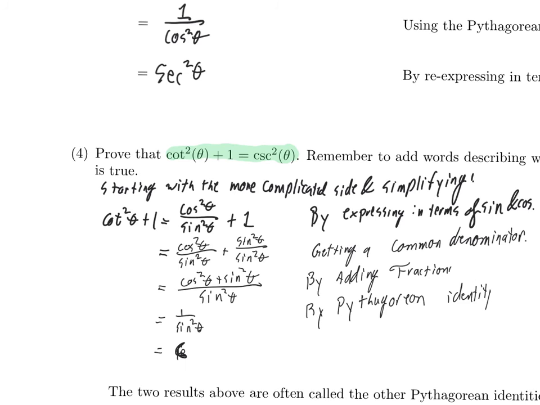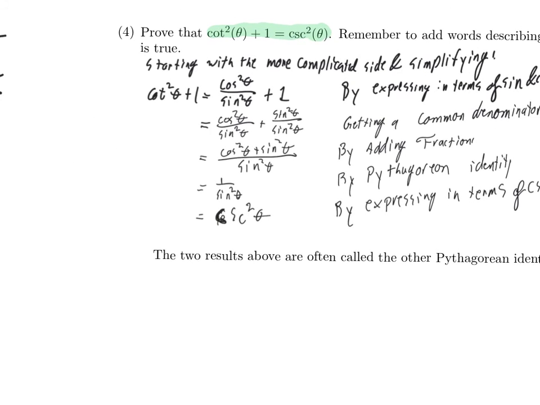Equals, 1 over sine squared is cosecant squared theta by expressing in terms of cosecant. Which is exactly what we wanted. We wanted to show that cotangent squared plus 1 is always equal to cosecant squared, which we have accomplished.